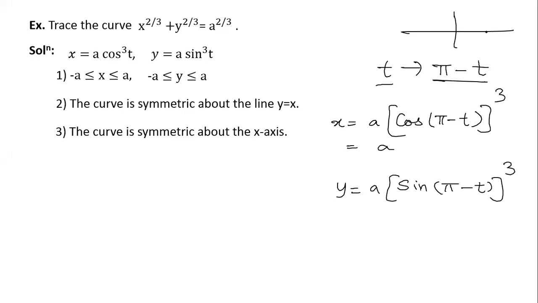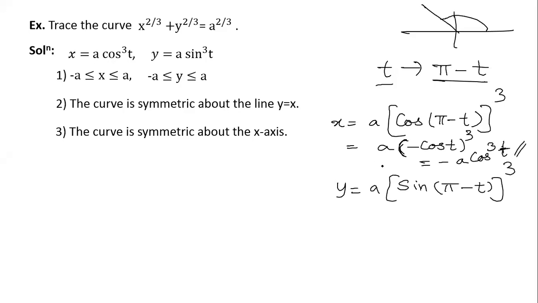Cos of pi minus t is in the second quadrant, where cos is negative, so minus. Pi is there, so cos will remain as it is, minus cos t to the power 3, and the answer is minus a cos cube t.